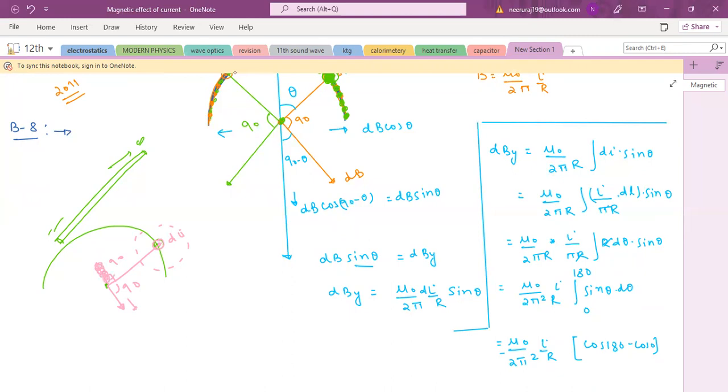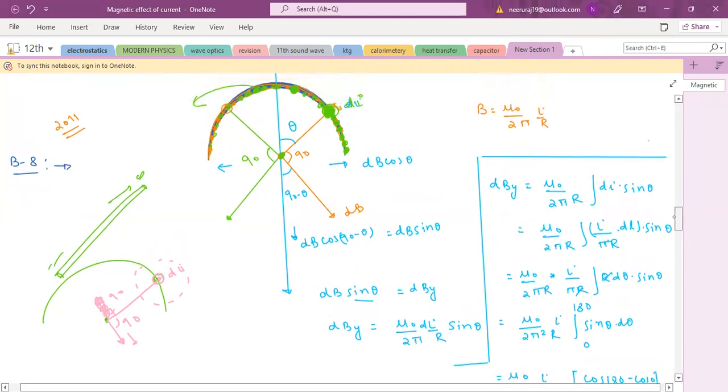So बच्चों, what I have drawn here, if you see, this is the wire. Because of this wire, this is the field. Okay, and this is 90, right? Similarly बच्चों, this is 90 degrees.